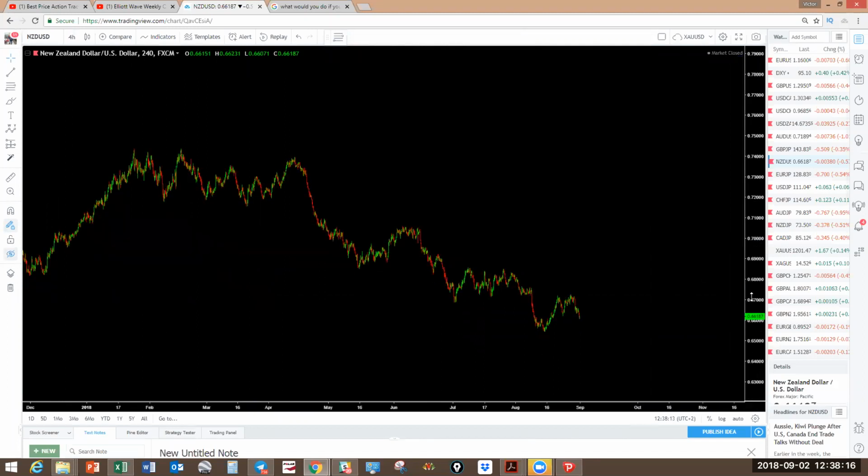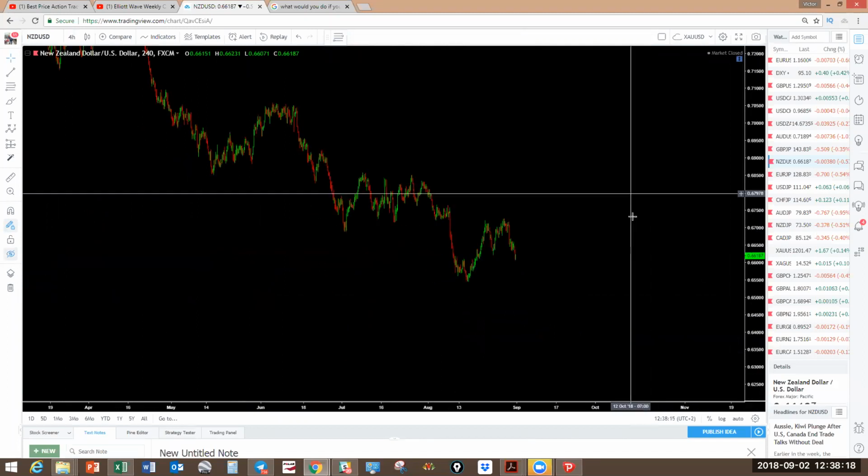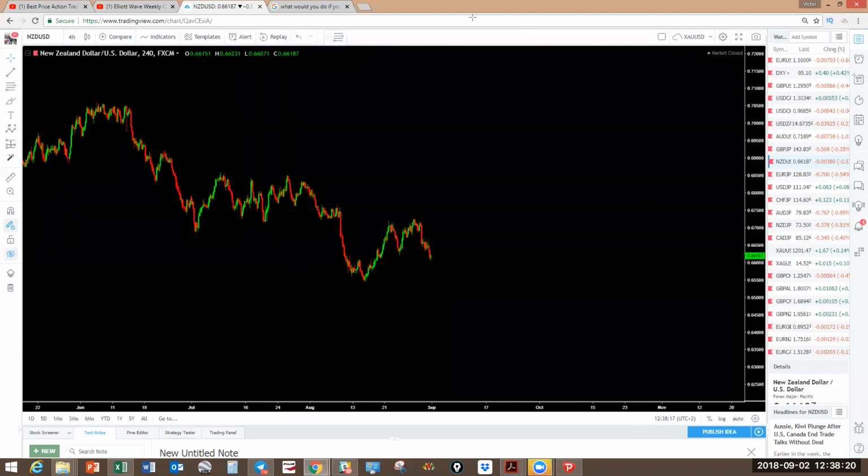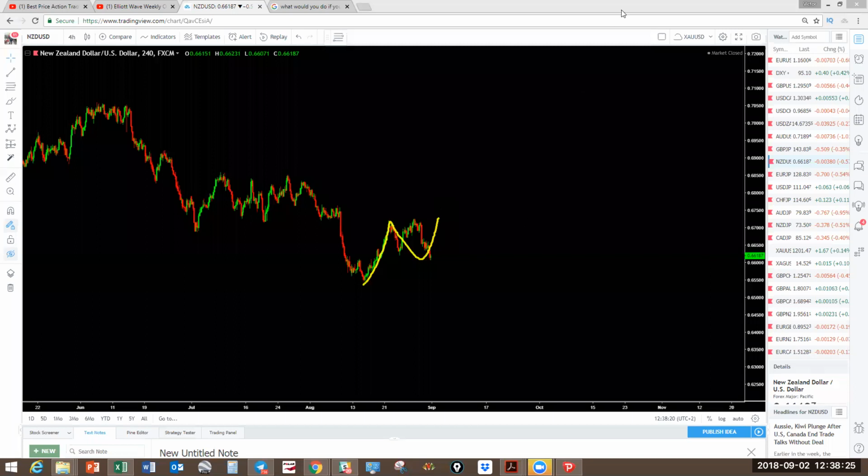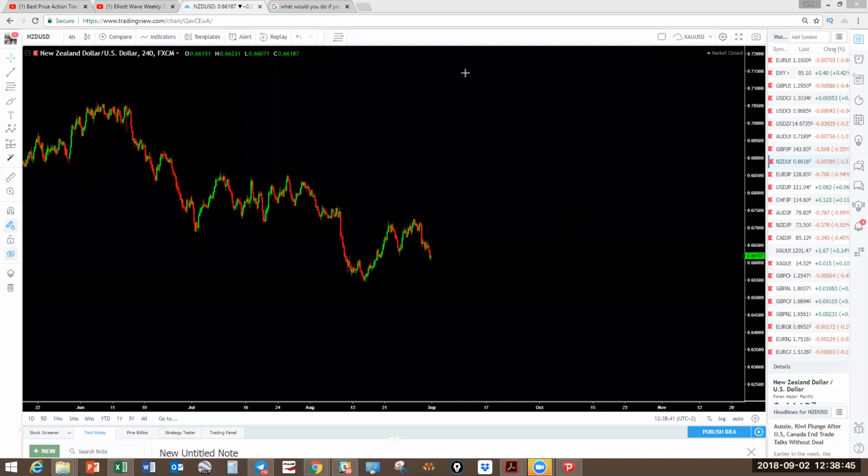So similar structure as on Audi US dollar, where we would have expected that this one makes a 1, 2, 3 move up, then down. But it looks like it has already broken this low, and if it starts correcting around this level, then it means your next stop is this one here on the 4 hour. Okay, so this can also be broken to the downside. It can come back and still go like that.